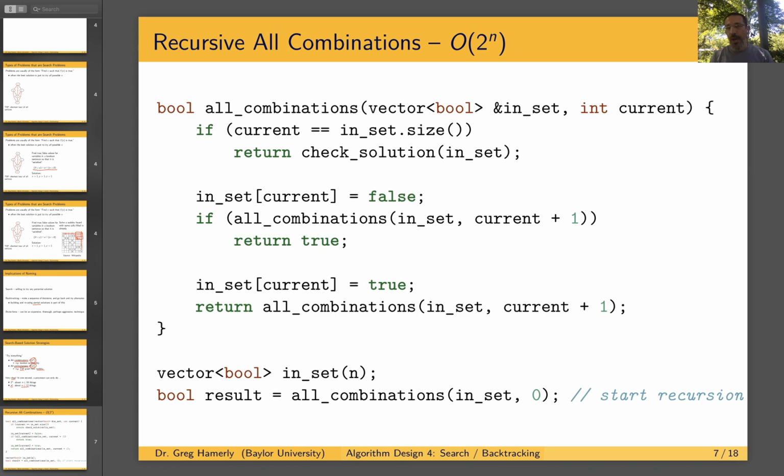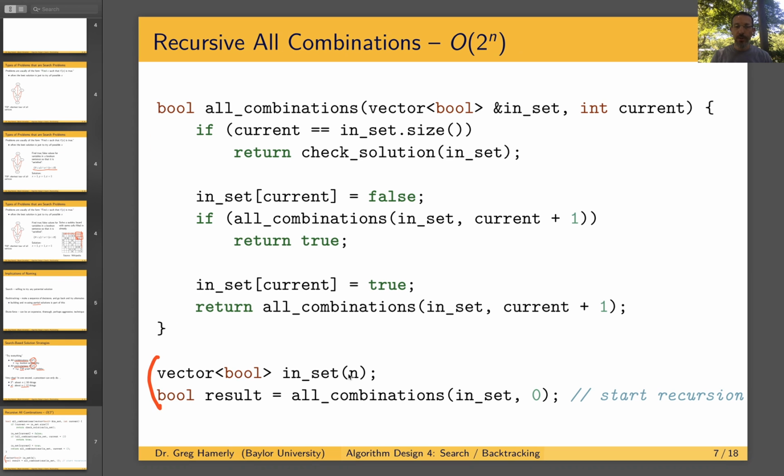All right, so I want to dive right in and show you sample code that should work for computing all combinations and all permutations later. So this is the all combinations. We're trying to choose out of n things a subset of some of those n to be in our set that makes something true. If you look down here, we have our kickoff of the recursion.